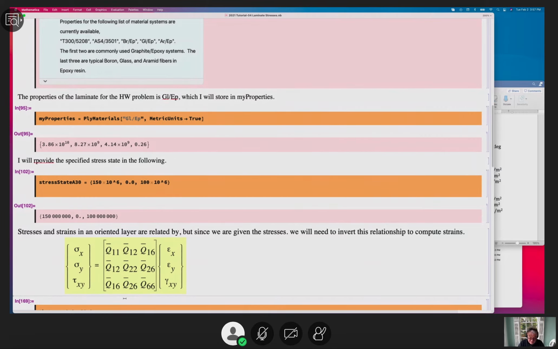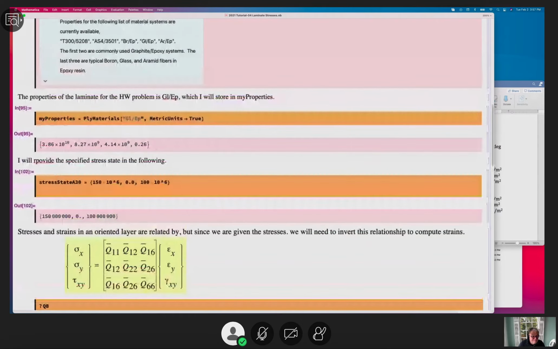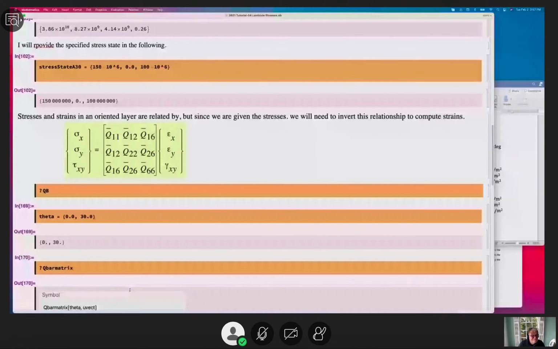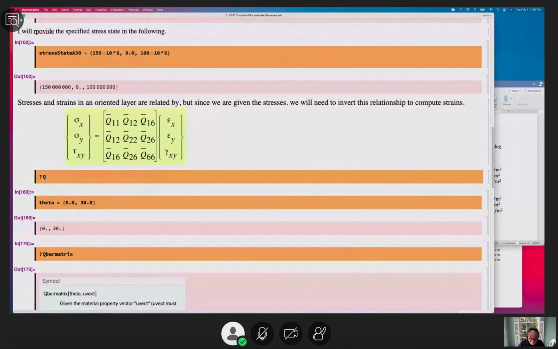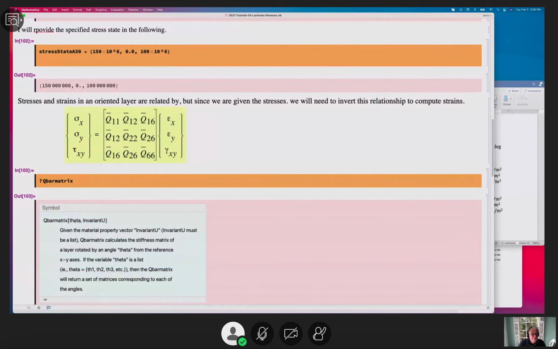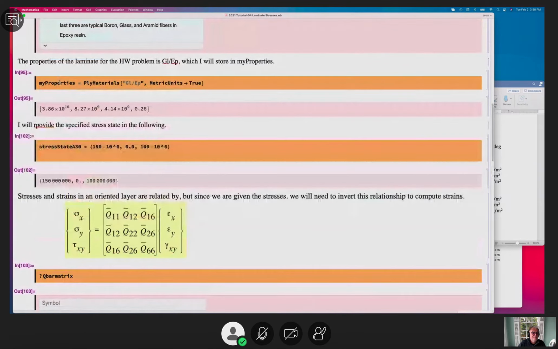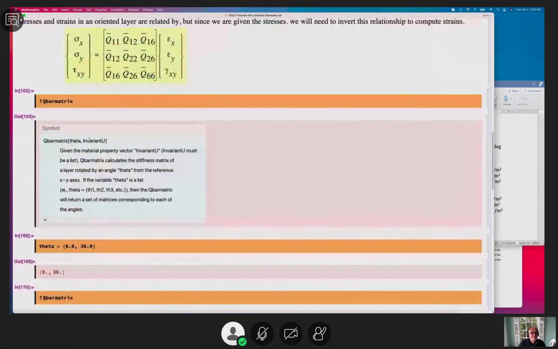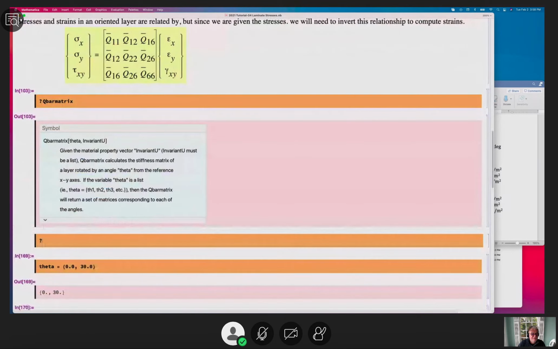So what is the Q-bar matrix? For the Q-bar matrix, you give the orientation angle and provide the invariant material properties, and you get the Q-bar matrix for that orientation angle. But I don't have the invariant properties yet. I have my properties. Okay? So what are invariant properties?